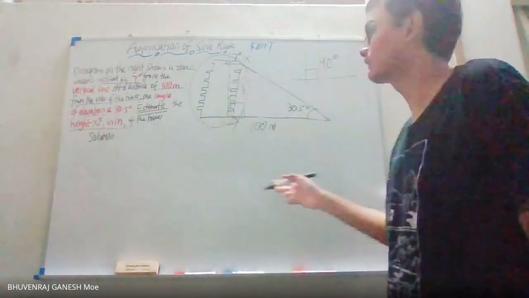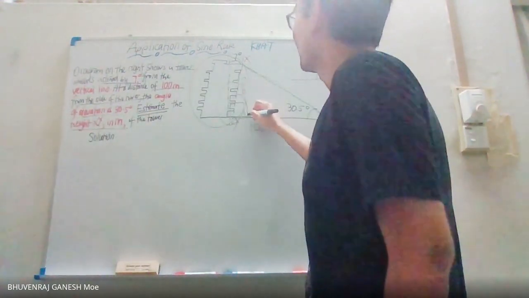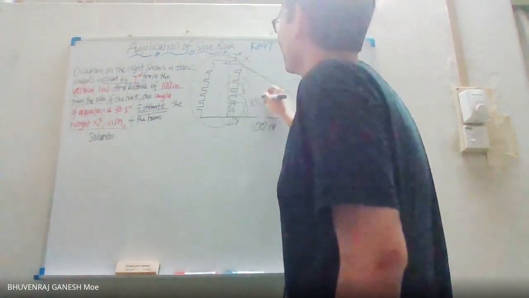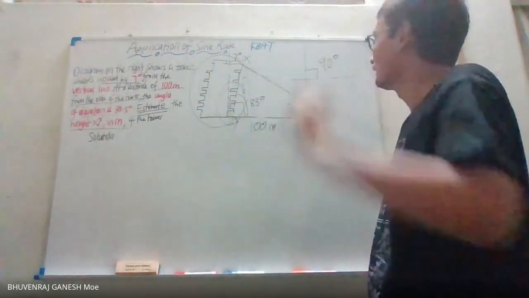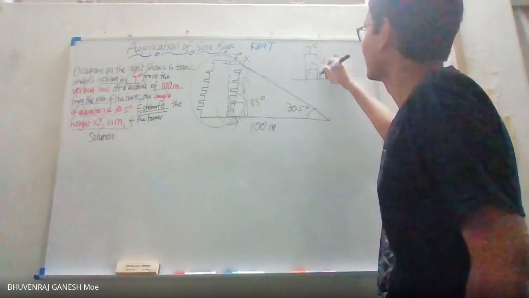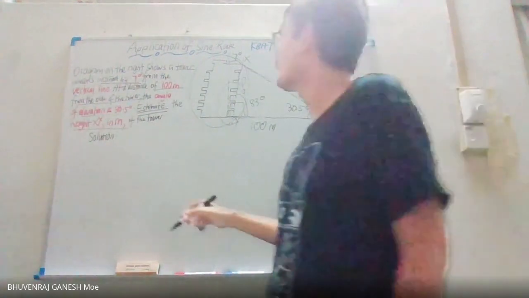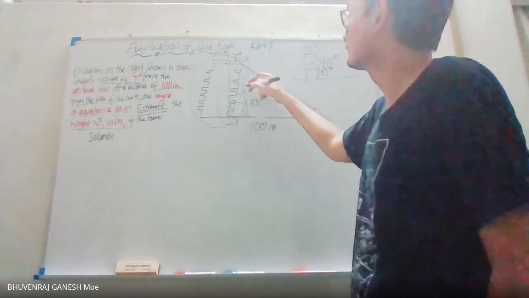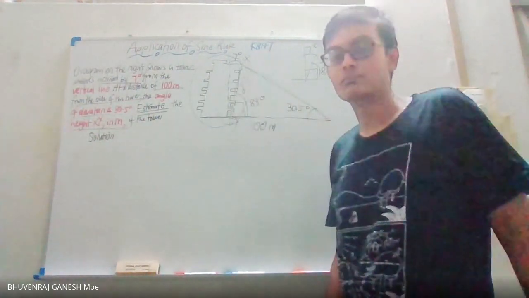So this angle here from the inclined line to the horizontal will be 83. Generally, it should be lower than 90 because it's less than a right angle. So this is the 83, and the inclined one is 7. They asked to estimate the length of the incline.